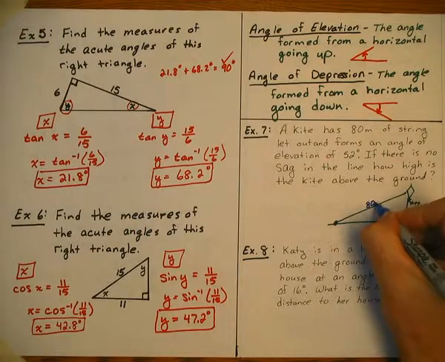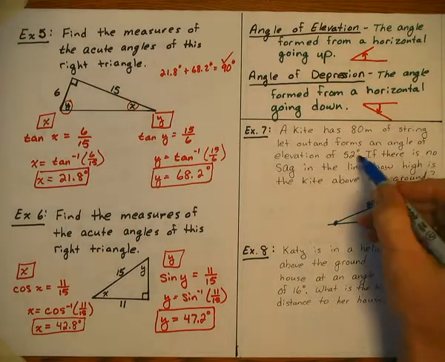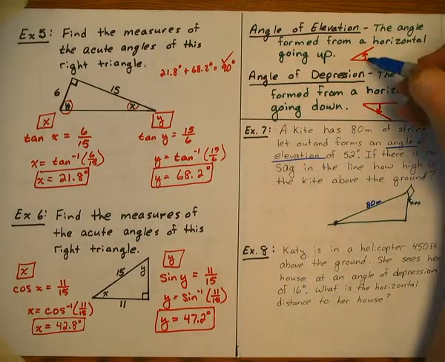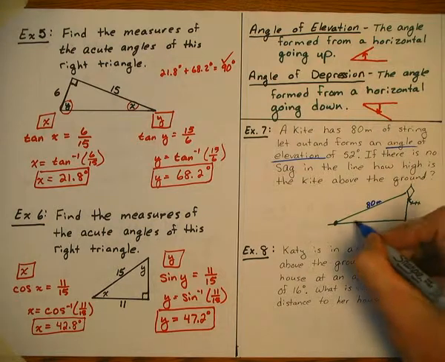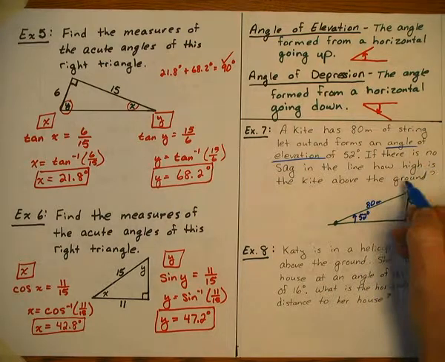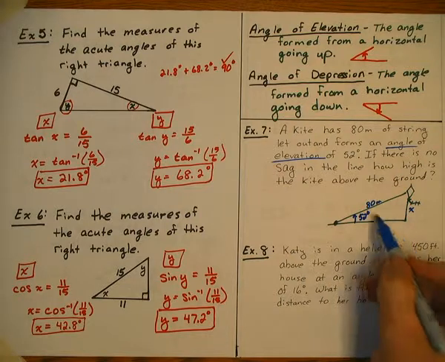There's 80 meters of string. That would represent this side of that triangle. There's a 52-degree angle of elevation. That's from horizontal going up. So that would be this angle right here. It's 52 degrees. Question is, how high is the kite above the ground? That is this side right here.